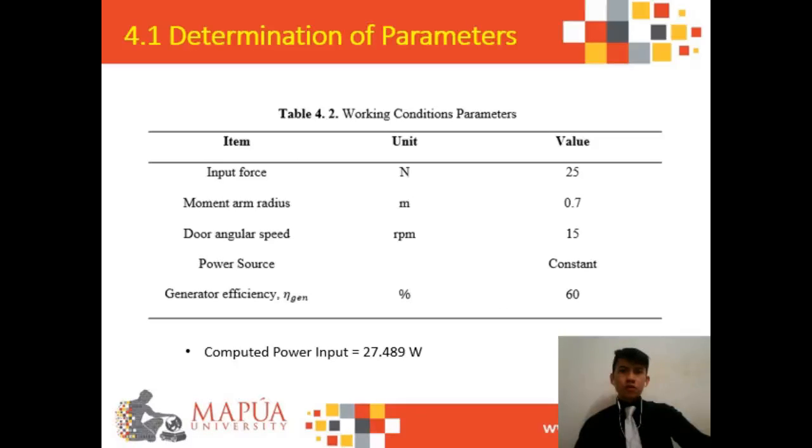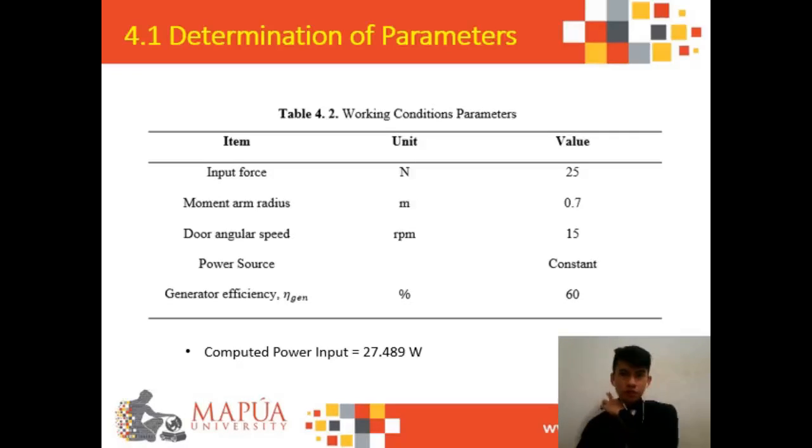The working conditions were gathered from the past RRL and personal observation of the authors. The 25 Newton was adapted from the RRL found in Chapter 2, 2.5, Potential for Harvesting Electrical Energy of Swing and Revolving Door Use by Partridge and Bucknell, 2018.